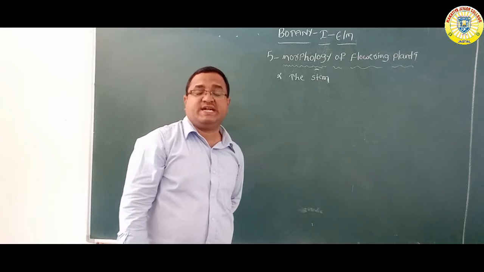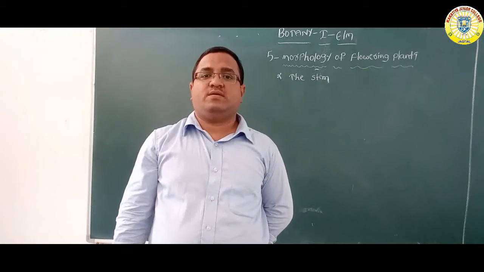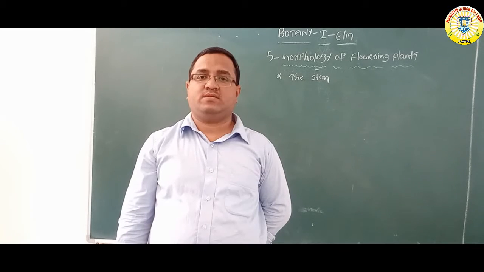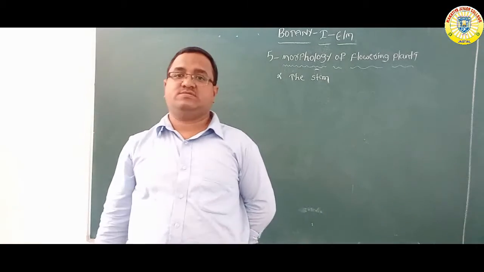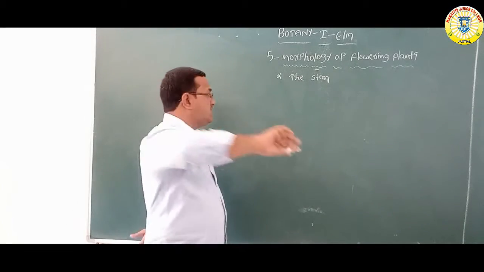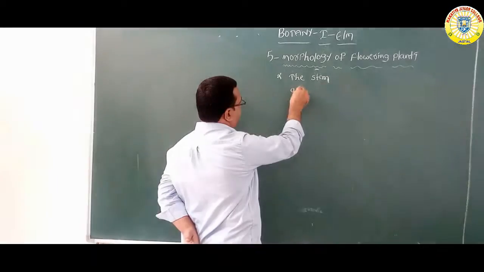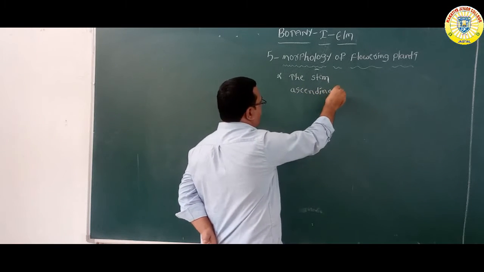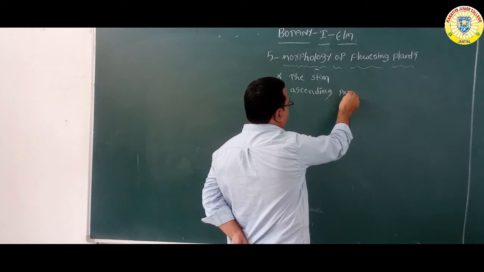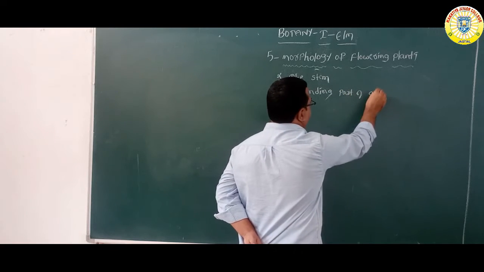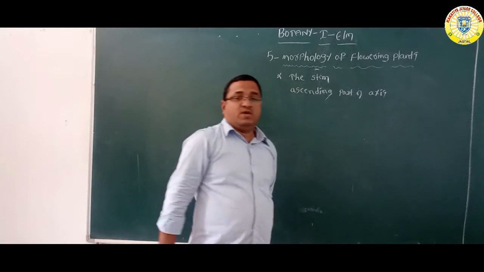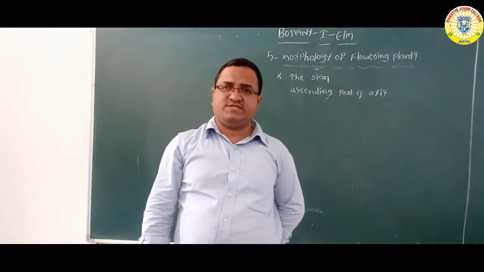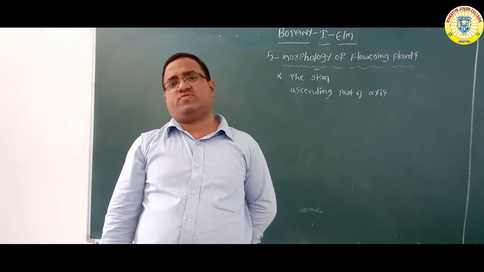Stem is the ascending part of the axis. Stem grows in ascending order. Okay, ascending part of the axis. Stem bears the branches, leaves, flowers, fruits.